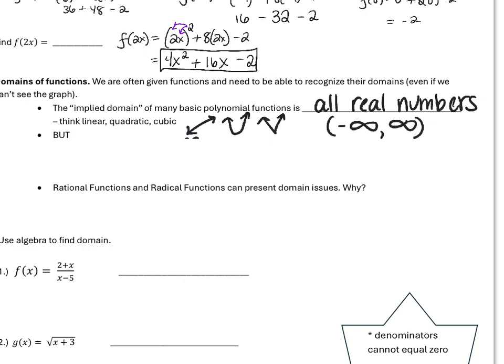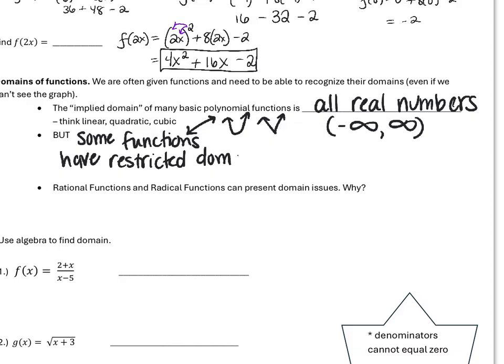However, there are functions that have restrictions on their domains. But some functions have restricted domains, and we have to be able to watch out for those and recognize those.